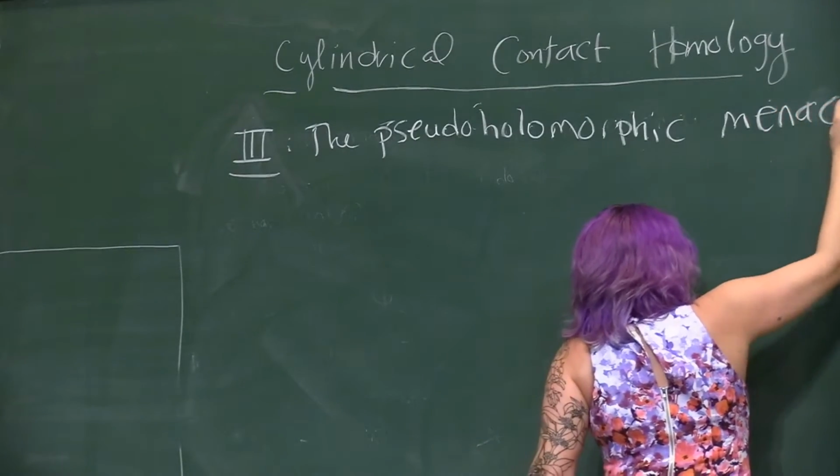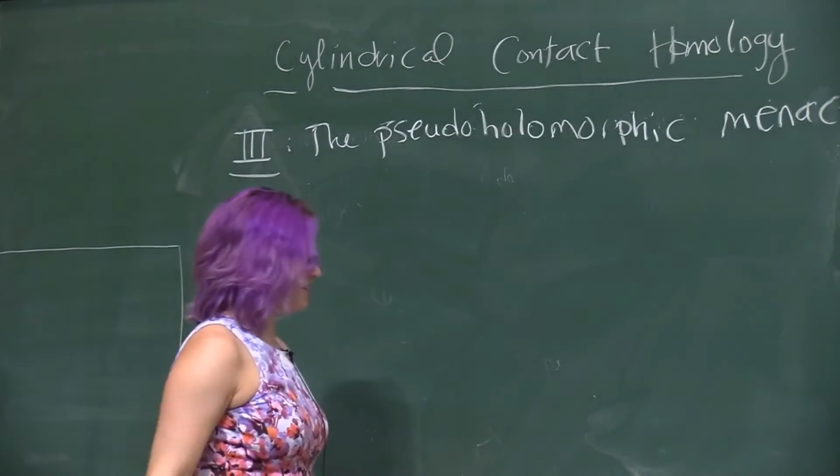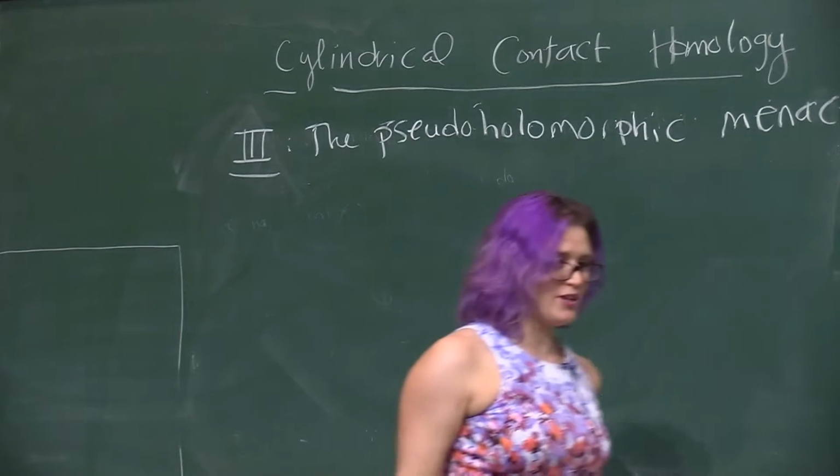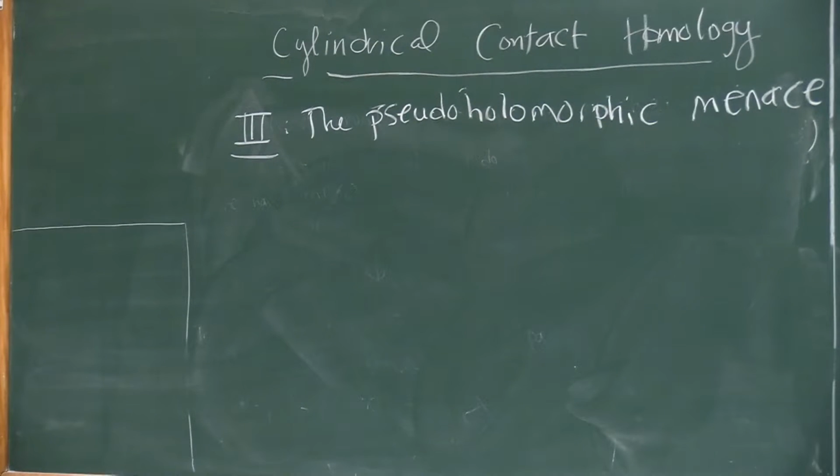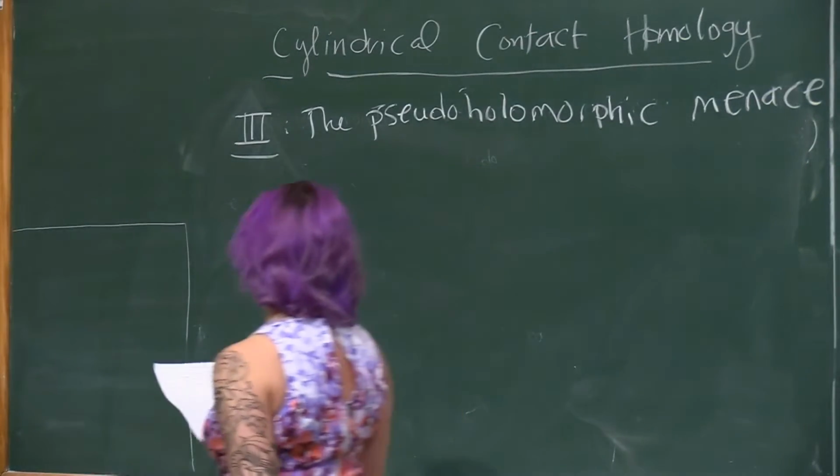Okay, so if you do end up with an advisor that makes you do some stuff with counting J-holomorphic curves in symplectizations or exact symplectic cobordisms or stable Hamiltonian structures, you're going to have to learn some things about compactness and transversality.